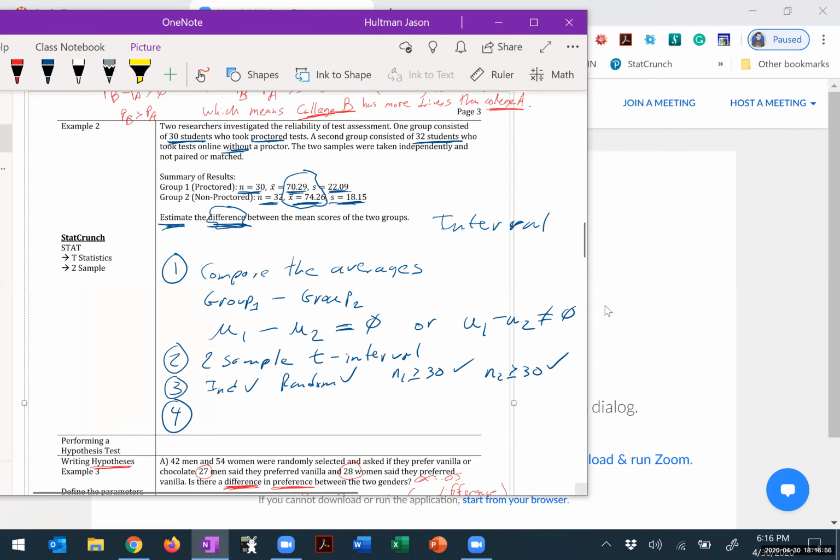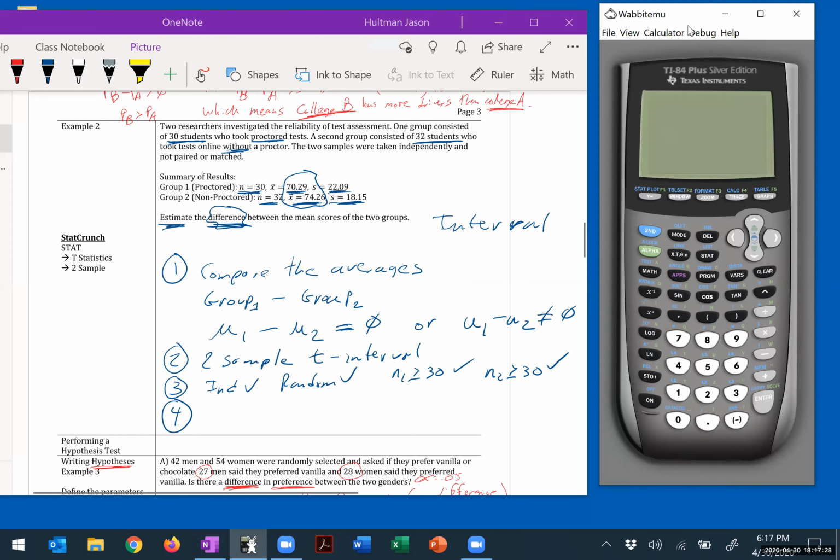It's thinking about it. What's slowing me down? Okay, got my calculator out. Oh great, I got multiple calculators out. They keep multiplying like little rabbits.